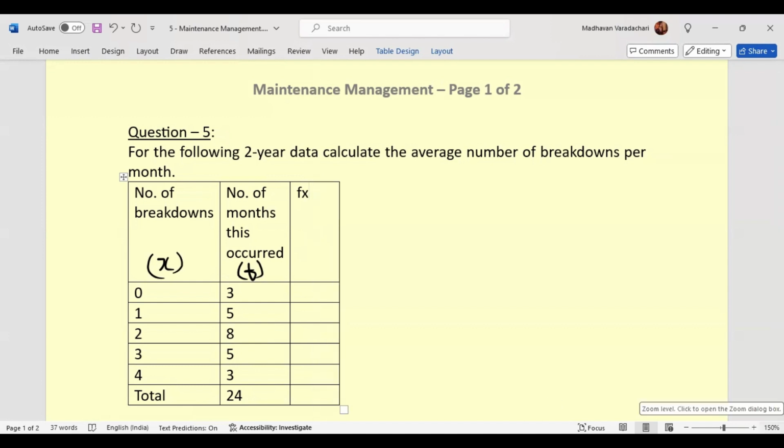So first one 0 into 3, 0. This is 5. This is 16. This is 15. This is 12. If we add all this, 7 plus 6, 13, 18, 48.